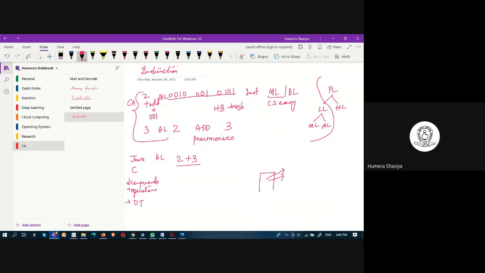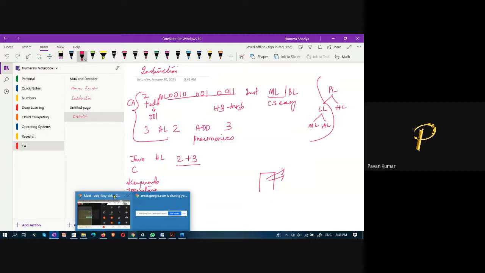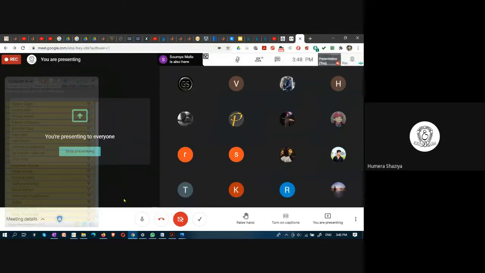We will learn how to represent an instruction through binary code and through mnemonics, and how to write an instruction in binary form or in mnemonics. What are mnemonics? Mnemonics means symbols.